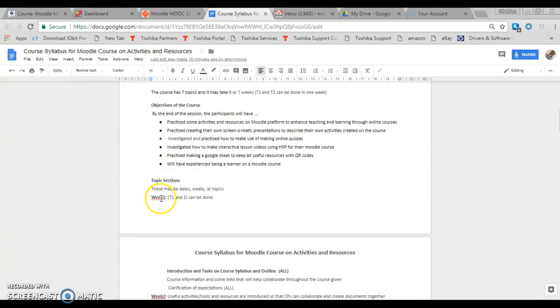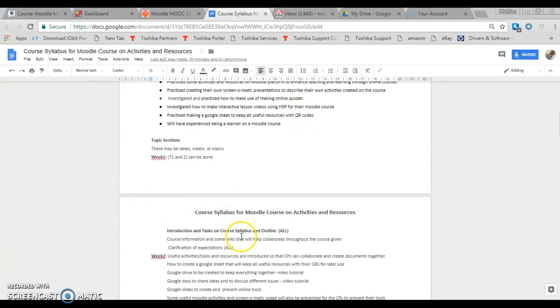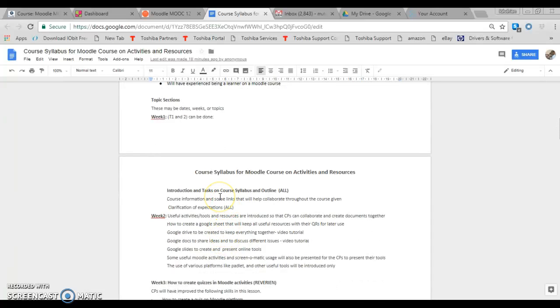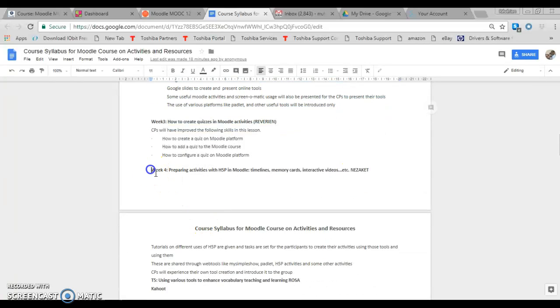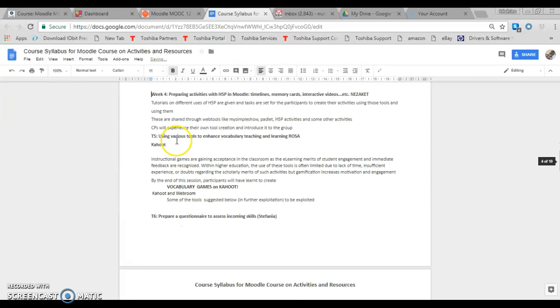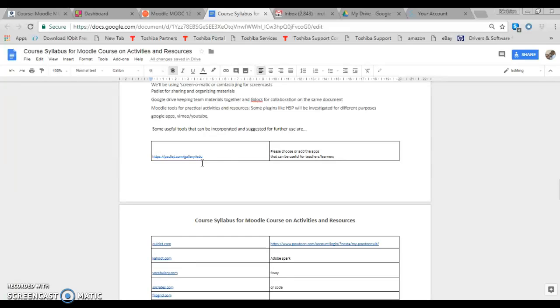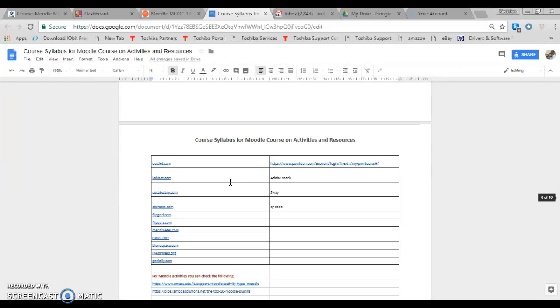So for week 1, it can be this one, the introduction and tasks on course syllabus and outline. And week 2 will be on these subjects. And week 3 will be this one. And for week 4, it will be preparing activities with H5P and so on, until we finish our course.